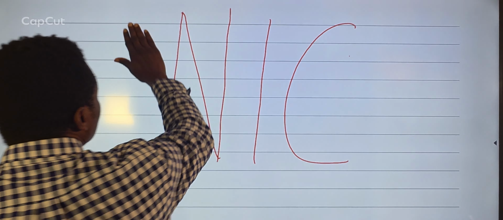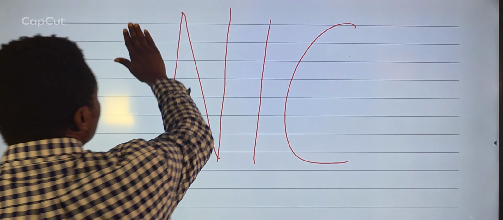The first condition we will look at is what they call qualifying years. Then the second one we'll look at is state pension age.